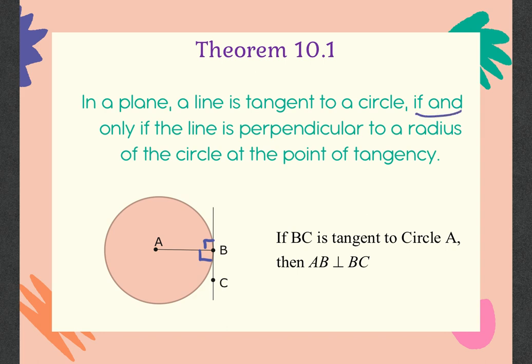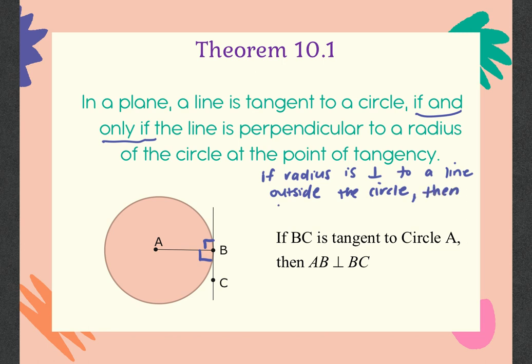And because it says if and only if, it means this is true for the original statement and its converse. So its converse would say if the radius is perpendicular to a line, then, well, a line outside the circle, not one inside, because that could be a chord, then the line is tangent to the circle.